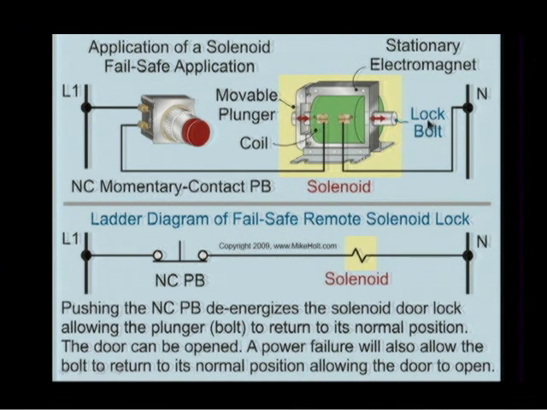Here is the door lock, and it will be unlocked as long as the push button is not pressed. So if you press the button, it will de-energize the coil, and it will then have this armature go the other direction because the lock is on this side here.